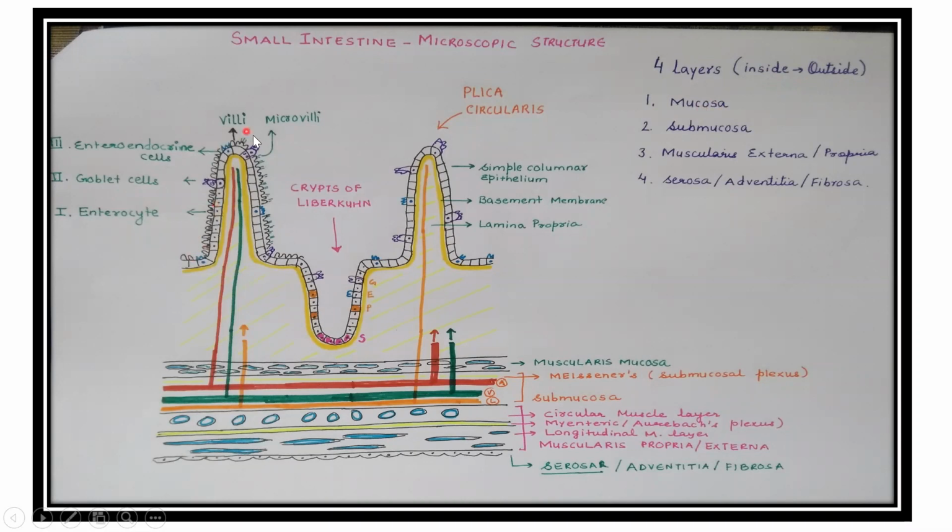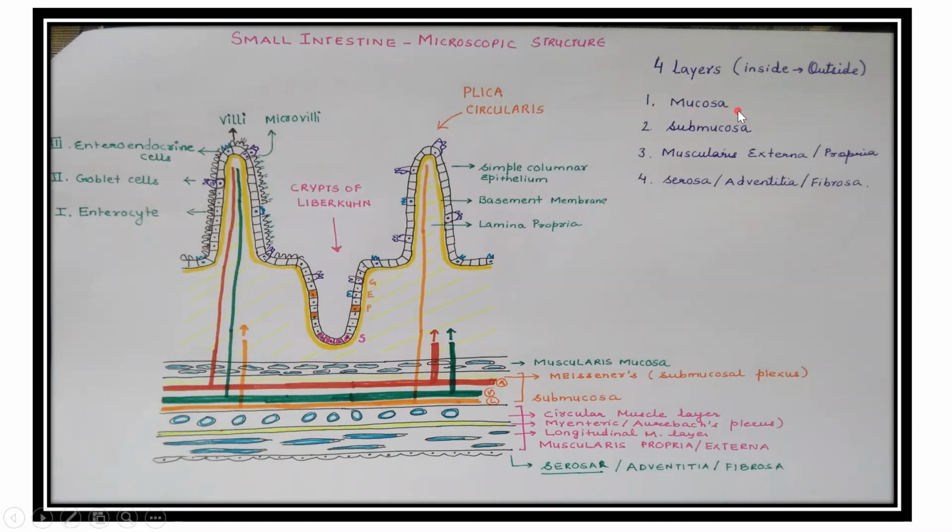The outermost portion is the mucosa. That means the portion that is coming in contact with the digested food, the site where absorption is taking place. So, outermost in the sense when it is coming in contact with the food. From the body perspective, we will say that it is the innermost layer.